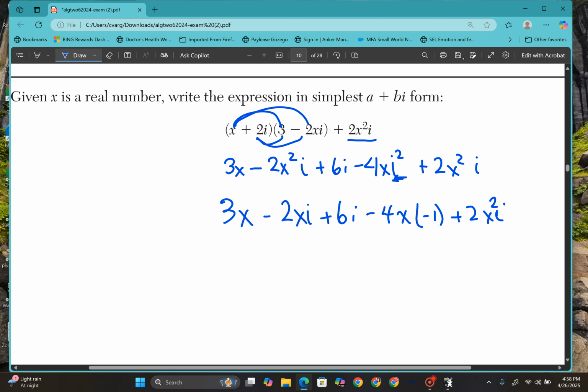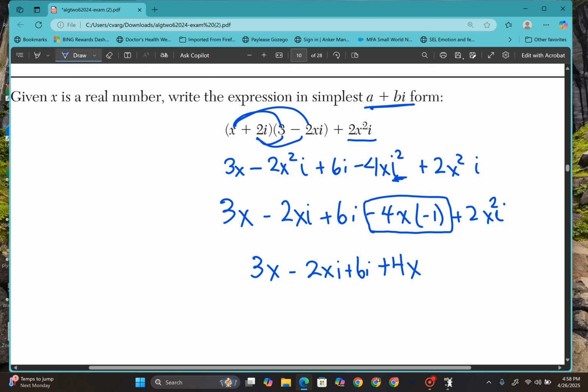Okay, so now we are going to combine it into simplest a plus bi form. In order to do that, let's simplify things. We have -4 times -1, which is positive 4x. I'm going to bring everything else down for right now. Minus 2xi plus 6i, and then this is plus 2x squared i.